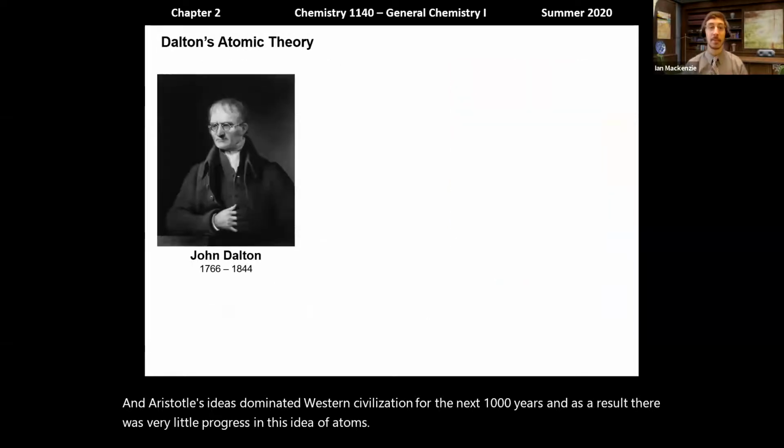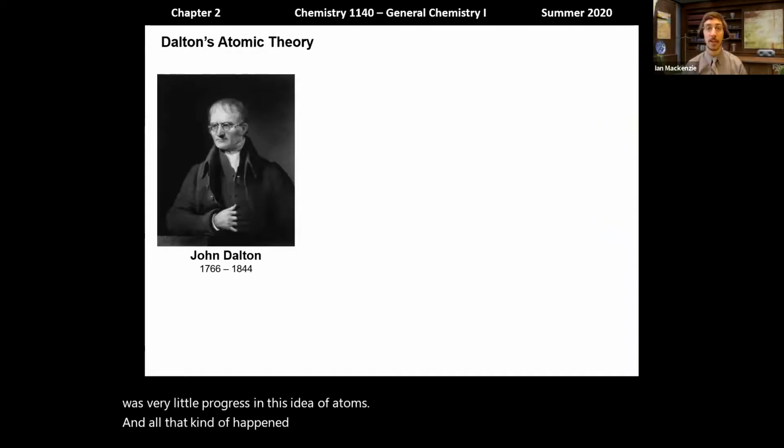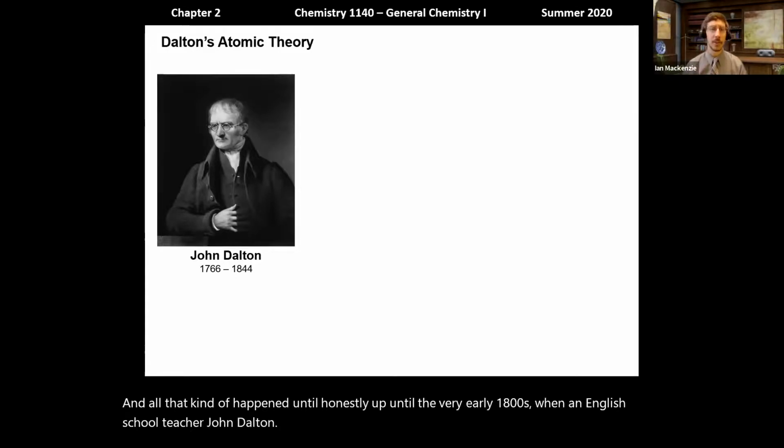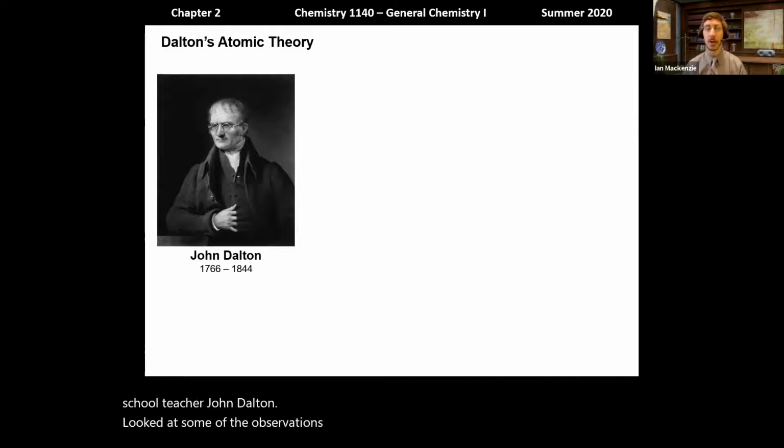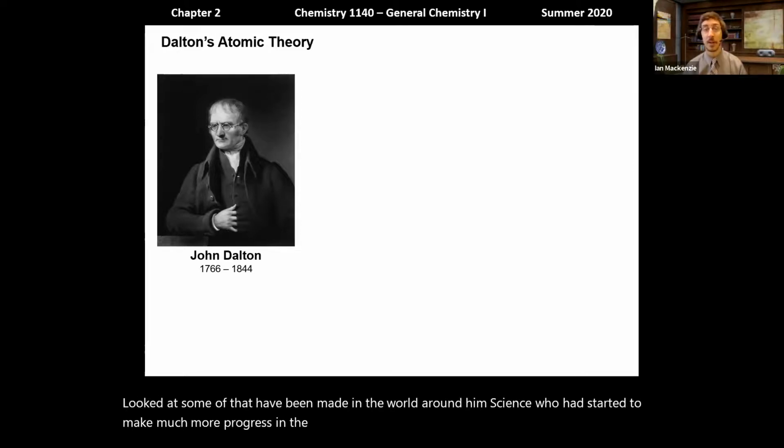And all of that kind of happened until, honestly, up until the very early 1800s, when an English school teacher, John Dalton, looked at some of the observations that had been made in the world around him. Science had started to make much more progress in the 15, 16, and 1700s.